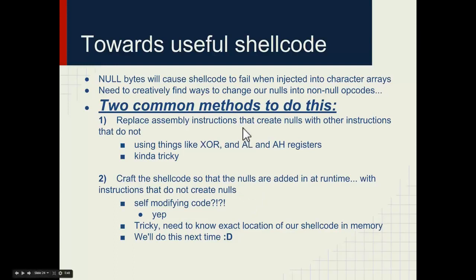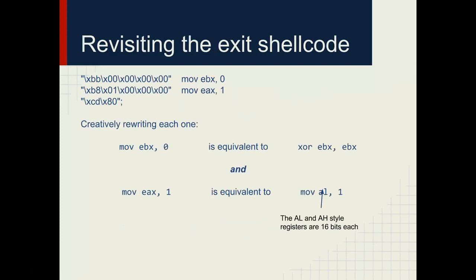So either you add the nulls in at runtime, or you craft it so there are no instructions that have null bytes. So you replace any assembly instructions that have null bytes with instructions that do not. This involves playing with things like XOR, playing with the subparts of registers like the lower half, upper half, and we're going to cover the art of self-modifying code actually in this lecture as well. It's not too difficult actually.